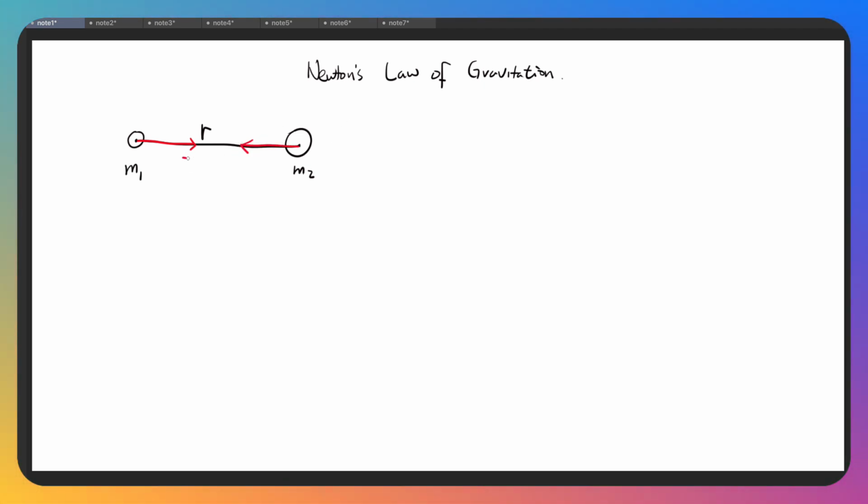The forces are equal in magnitude, and the magnitudes are given by G m1 m2 over r squared.